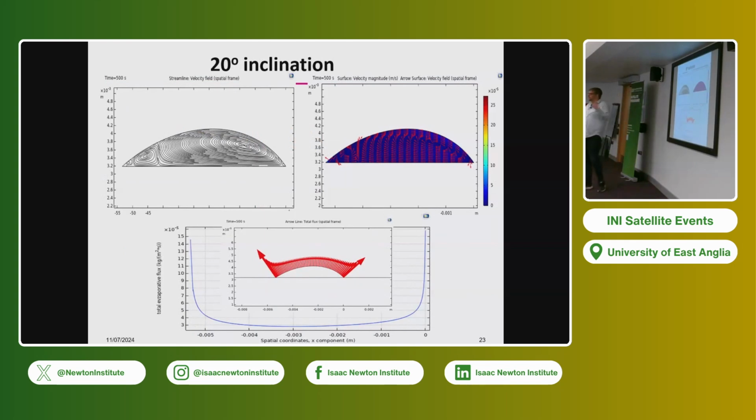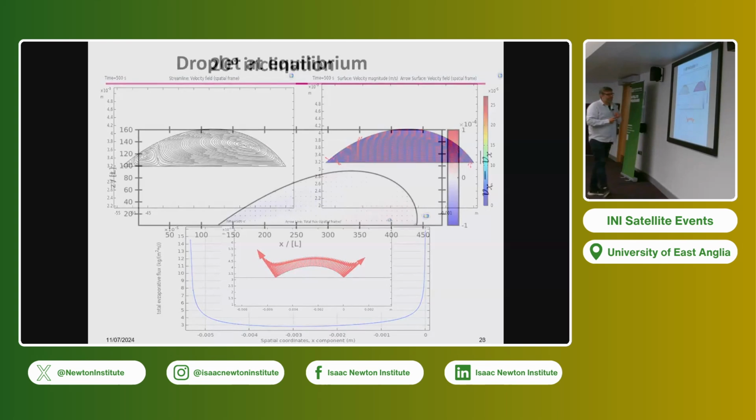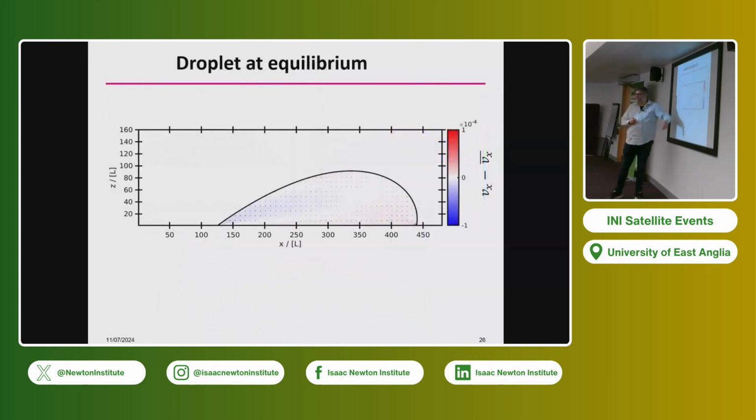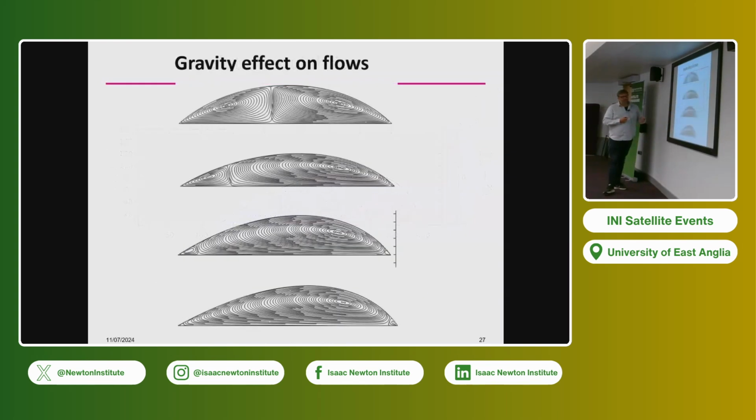COMSOL is fantastic and good in this, it can solve it, but it's not always clear what it is actually solving behind the beautiful interface, yeah? So this is what the droplet would look like at equilibrium, and this is what the contours and the flows will look like inside.